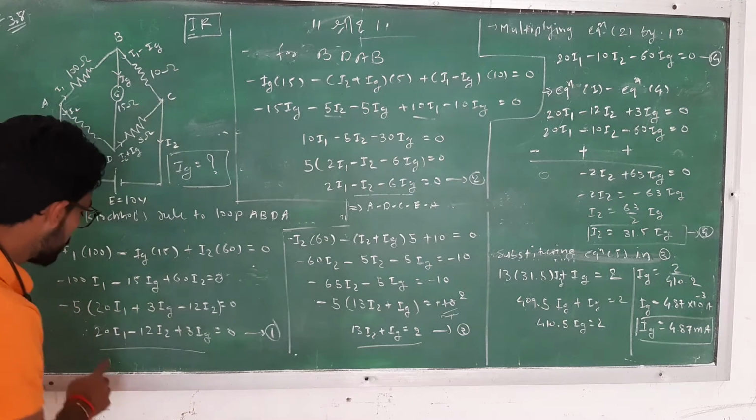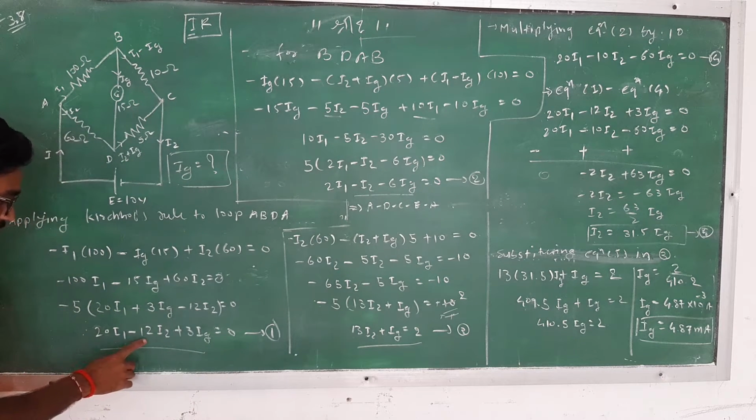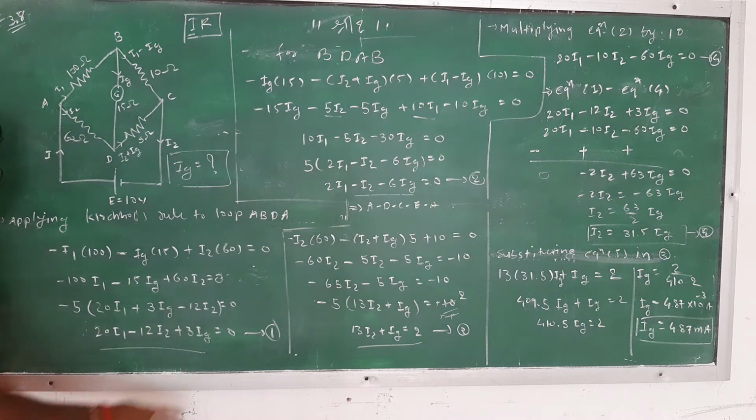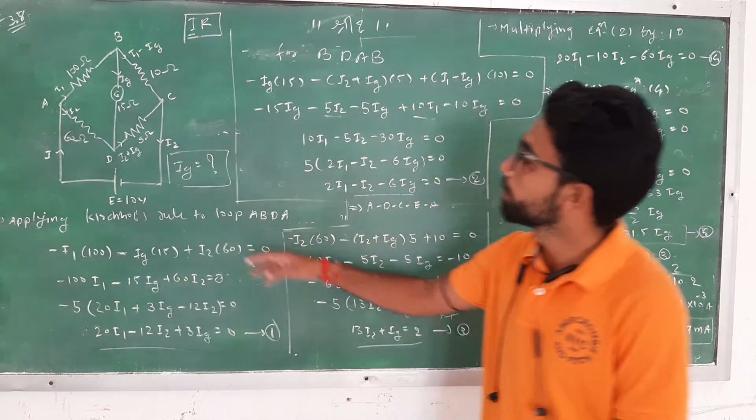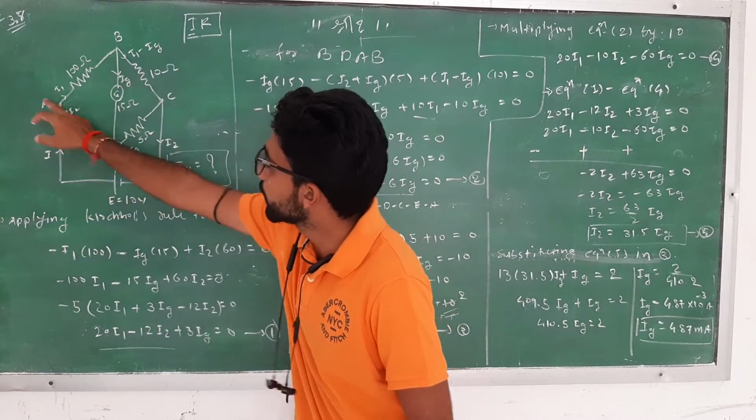So now we have the equation 20 I1 minus 12 I2 plus 3 IC is equal to 0. This is your equation number 1, for the loop A, B, D, A.